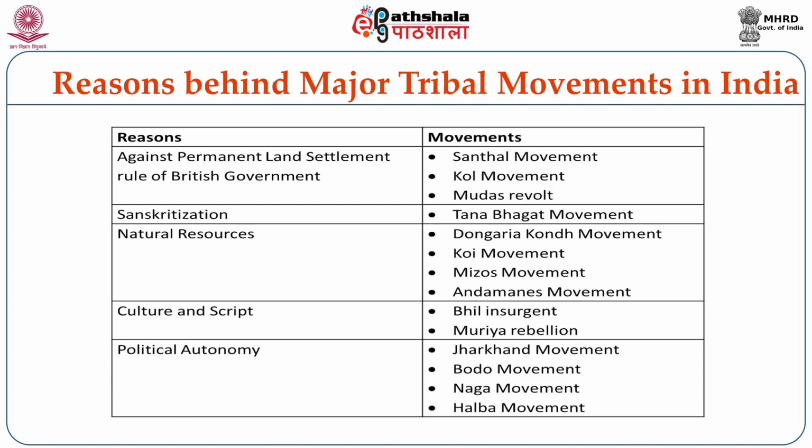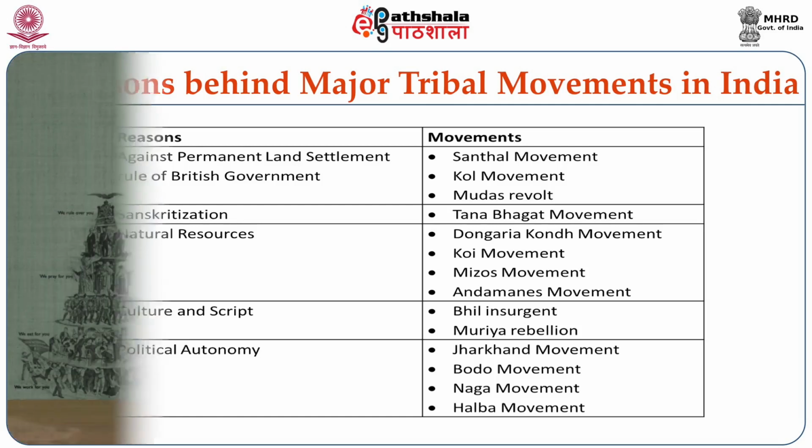All these movements originated out of these causes, whether it is the permanent land settlement rule of the British government, or Sanskritization, or to restore their right over the natural resources.